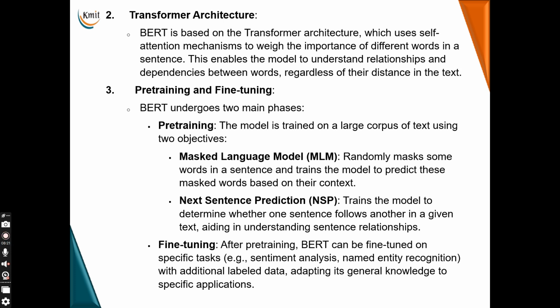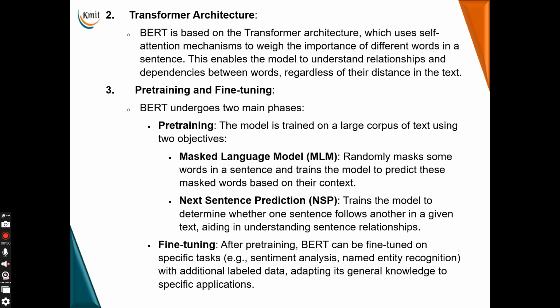As I told, you try to mask some of the words in the input text and the model has to predict them. Next sentence prediction. Whenever you are trying to train the model, it has to determine what could be the next sentence which is following the current sentence. Thereby it has to get trained on the sentence level relationships.